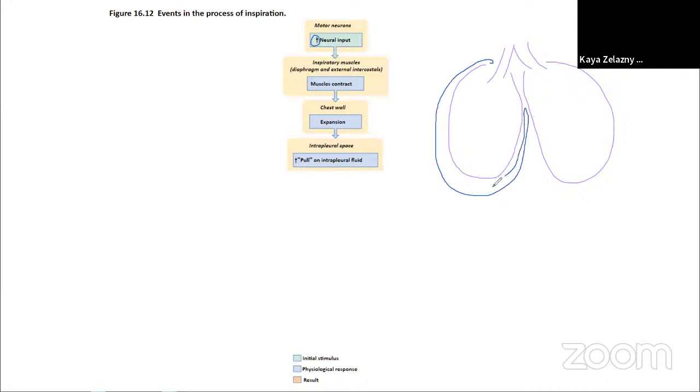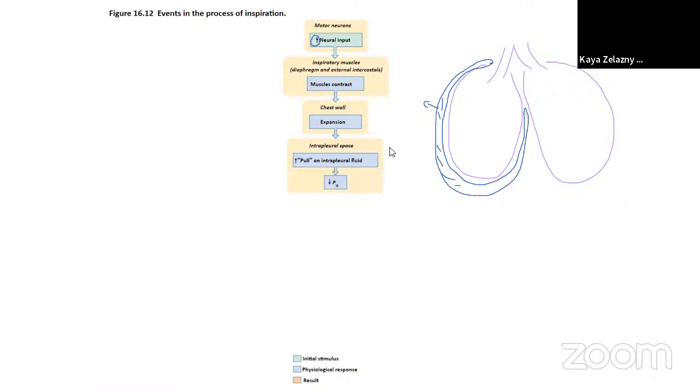Right, so it's folded back, and we have some fluid in here. So as the chest wall is expanding out, it's pulling on that fluid, which means we're also going to pull on the lung.